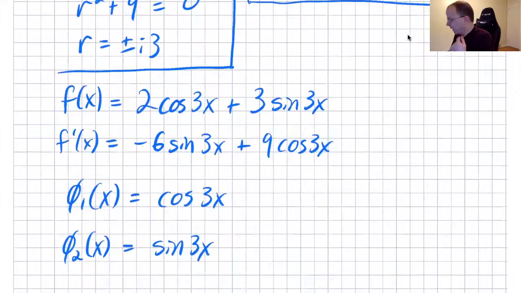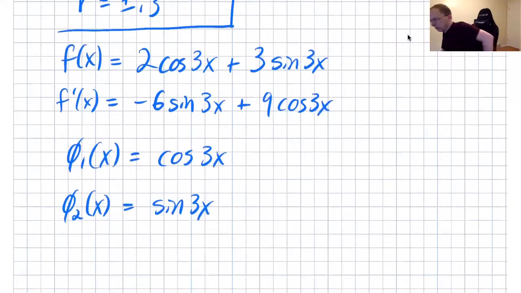And I could go through the process of writing down the particular solution, a1 cosine 3x plus a2 sine 3x. If I write that down and substitute it into the differential equation, I'm going to get 0 on the left-hand side. So all of my a1 and a2 are just going to disappear. I won't be able to solve for them. So how do we deal with this?